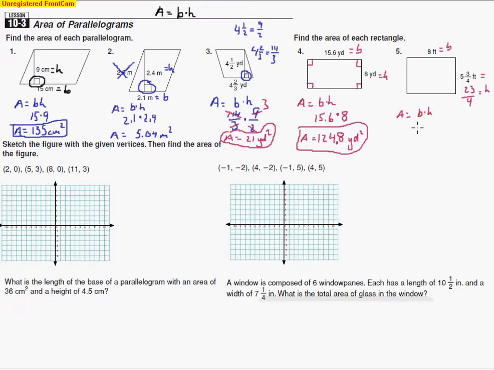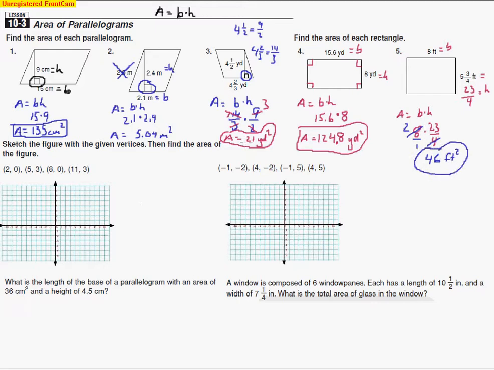So we end up with 8 times 23 fourths. Now treat that 8 as a fraction, like 8 over 1, and look for the cross canceling. 4 goes into 8 2 times. You multiply straight across, and we end up with 46 feet squared.